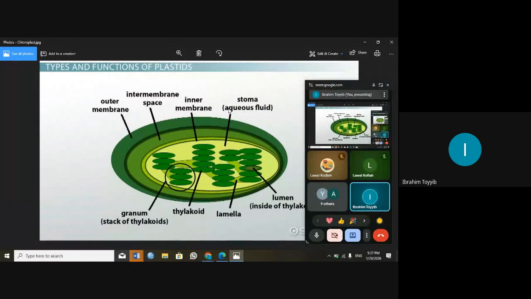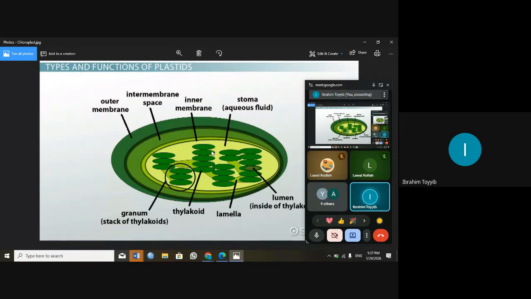Can you see the stroma? We have thylakoids. One circular part here is called a thylakoid, but the pack is called a granum. The one that joins the thylakoids together is called lamella. And inside the thylakoid we have the lumen.